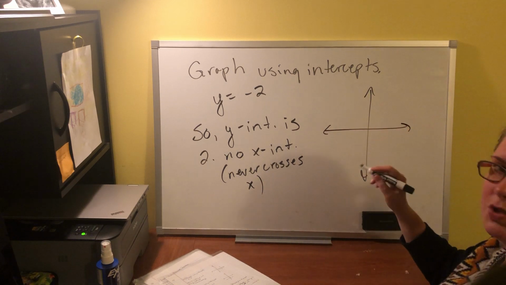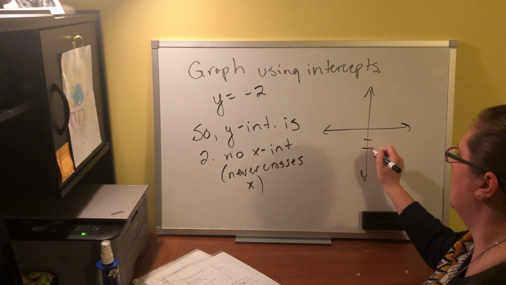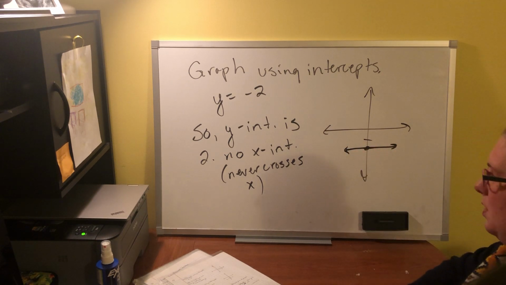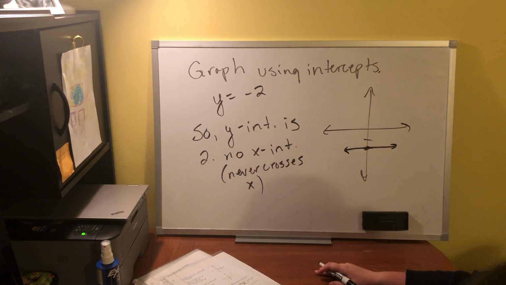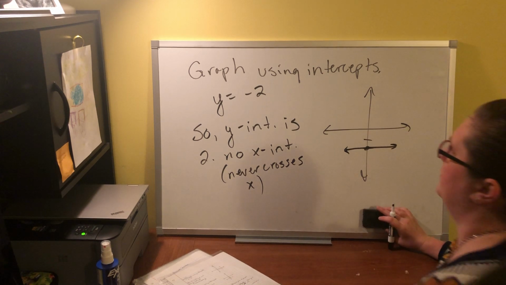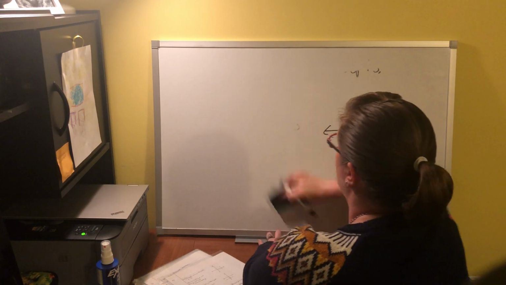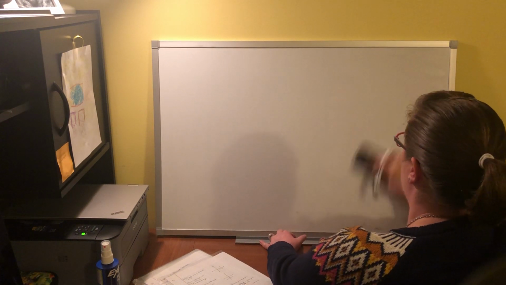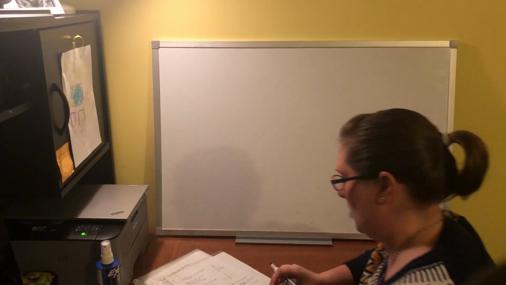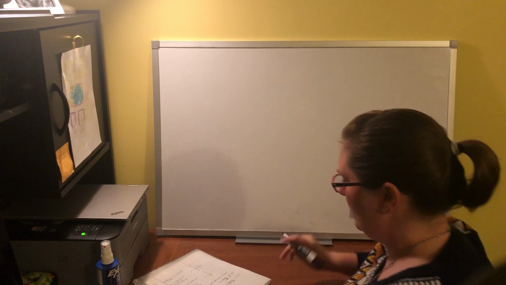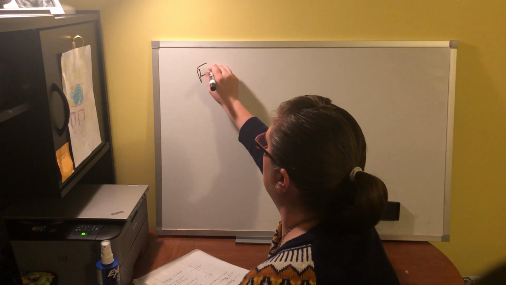So y equals -2 is telling you to go down 2. So we go down 2, we have our dot, and we make our horizontal graph. Same thing we did in the last section. They're just asking it a little bit differently, right? Throw you off.